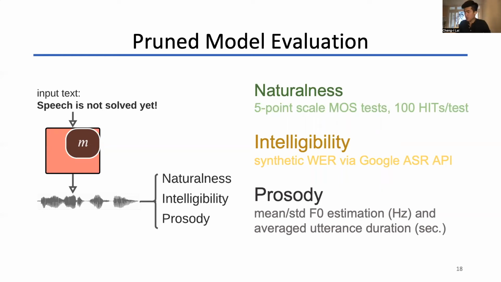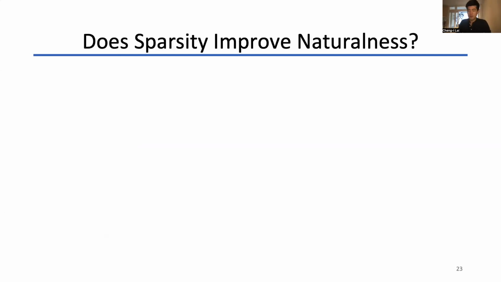For prosody, we measure the mean and standard deviation of fundamental frequency estimates, and also the average utterance duration. Now we're going to go into the 3 scientific questions we explore in this study.